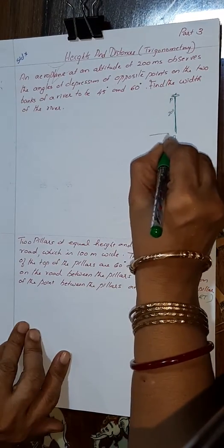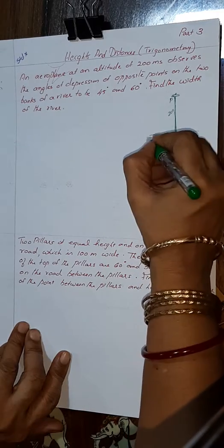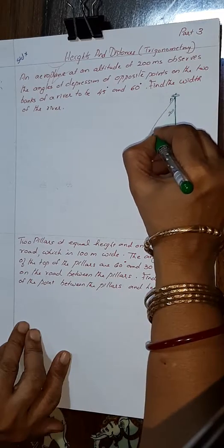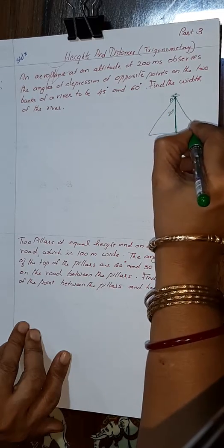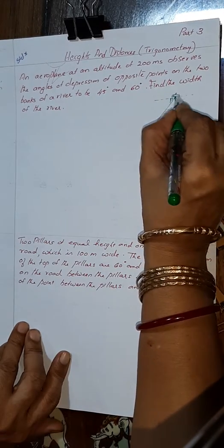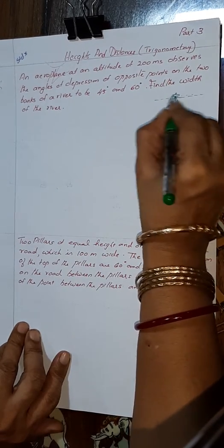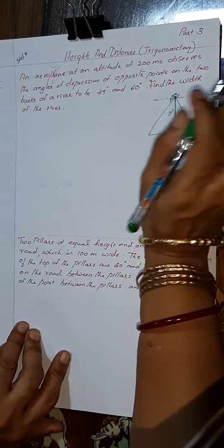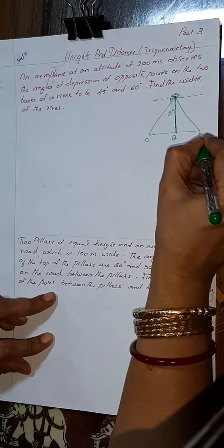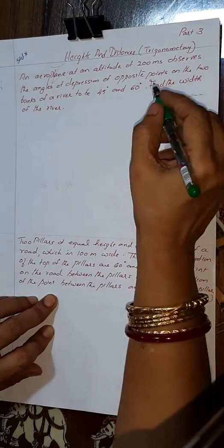So this is the river. So at this point, and from the other side, we will draw the horizontal. So this, let it be A and B.